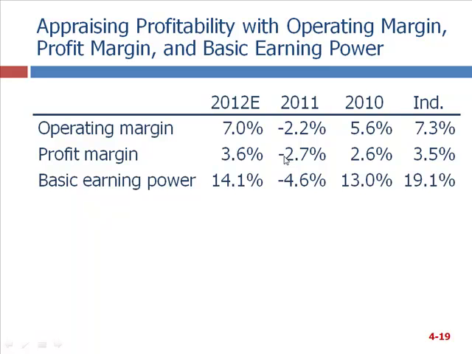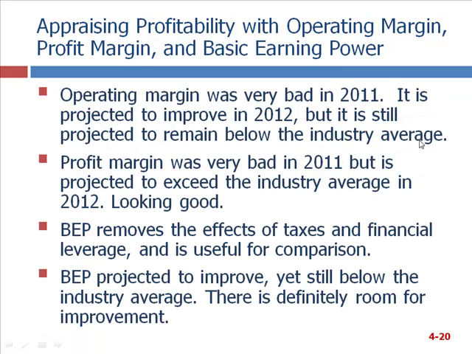Well, because it had a net loss that year if you look at its income statement. And then in the most recent year, 7.0%, 3.6%, actually those look okay. No big concerns there really, because those are pretty close to the industry average. Looks like DeLeon is kind of getting back to about where it should be, at least in this area, for operating margin and for net profit margin.